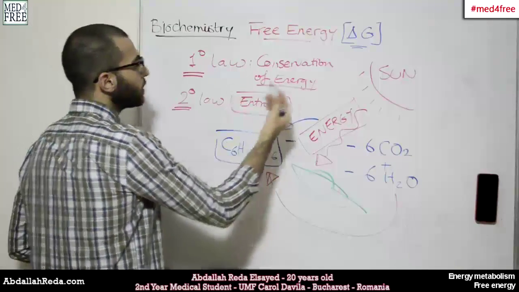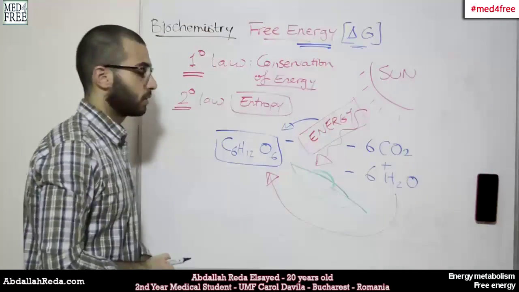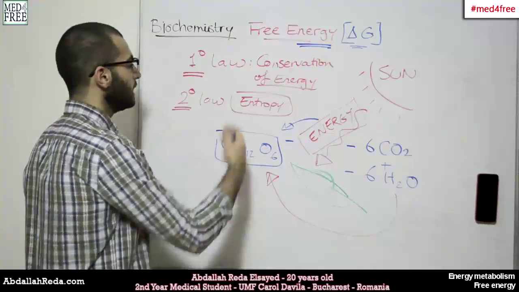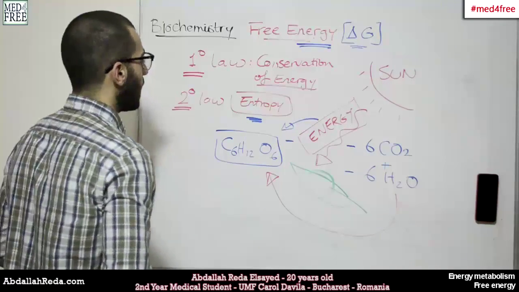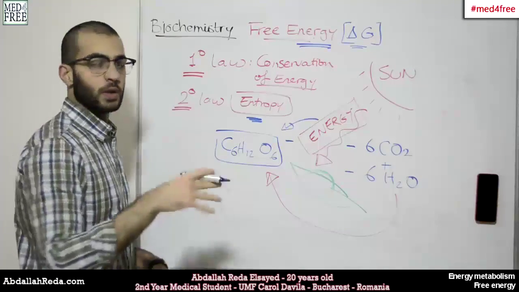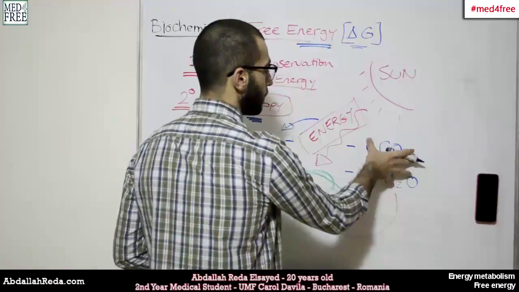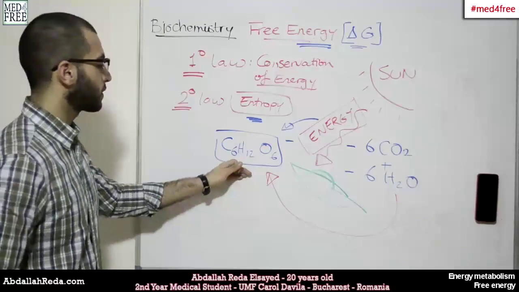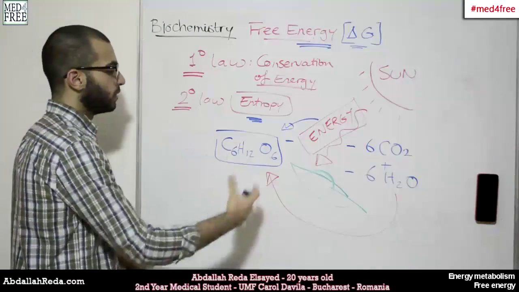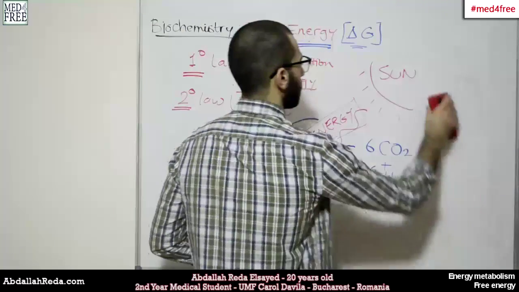And in order to calculate the free energy that we're going to talk about today, we need to know the entropy of a system and to know the internal energy. So we have the energy of the inputs, and we have the energy of the products. So what we do is that we have two sides of the equation.